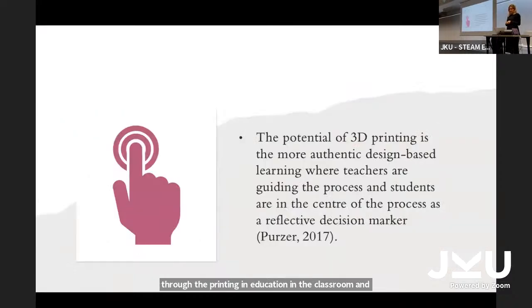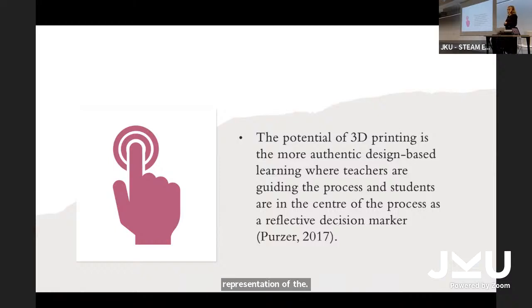So the main potential of 3D printing is the authentic idea of learning, where teachers are guides to the process, because these are mostly open tasks where students go from an idea to the visual representation of the idea.